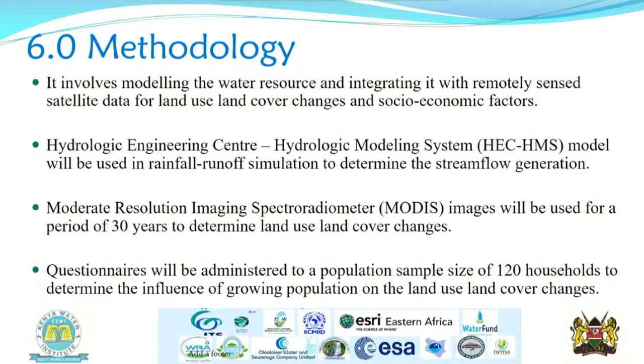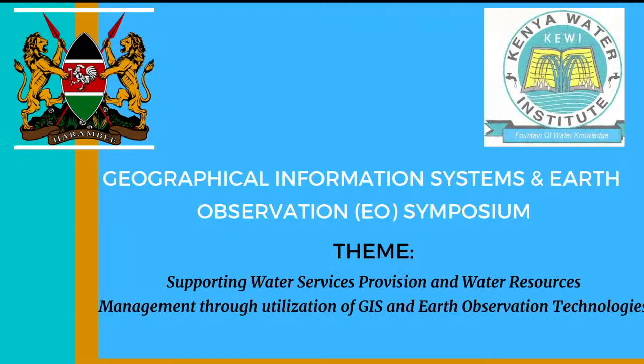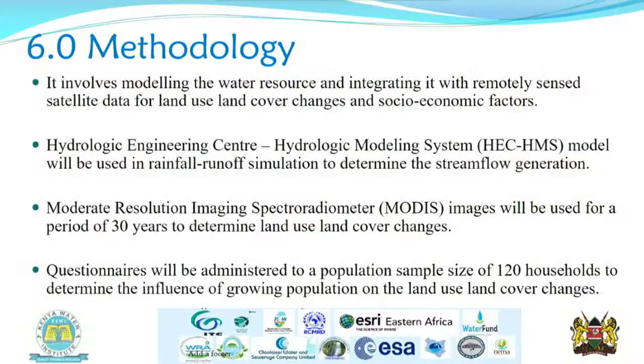So we shall use the HEC-HMS model, which will be used in a rainfall-runoff simulation to determine the stream flow generation. With this, we'll be able to know flooding areas and effects, maybe on flash floods, under varying rainfall intensities. And also, we have the Moderate Resolution Imaging Spectroradiometer, which is MODIS.